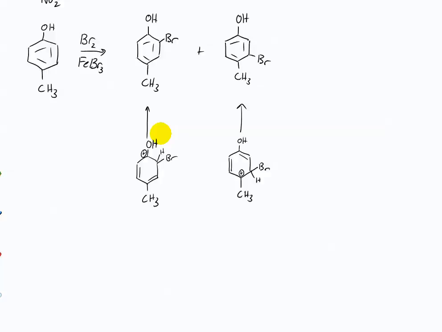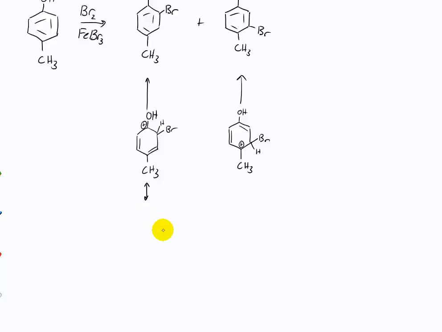Effects of electron moving via resonance are always going to be greater stabilizing than electronegative atoms pulling electrons away. So in fact, the one on the left is more stable, but not because of an inductive electron pull effect, because of a resonance effect. Let's look at how this is stabilized through resonance.